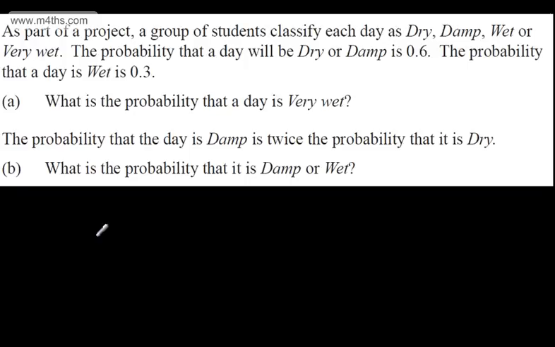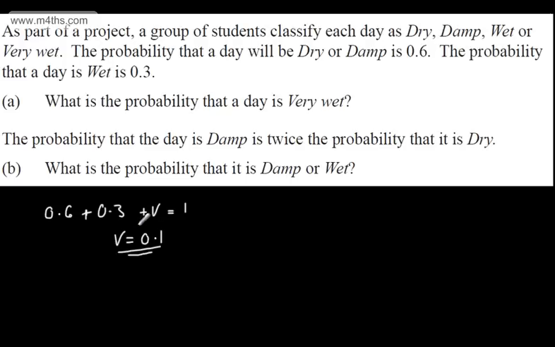All of the outcomes must sum the probabilities to give 1. So if we look now, we've got dry and damp, which is 0.6, plus 0.3, which is for wet, plus now very wet, so I'll leave that as V, must be equal to 1. So 0.9, we can see very wet must be equal to 0.1.